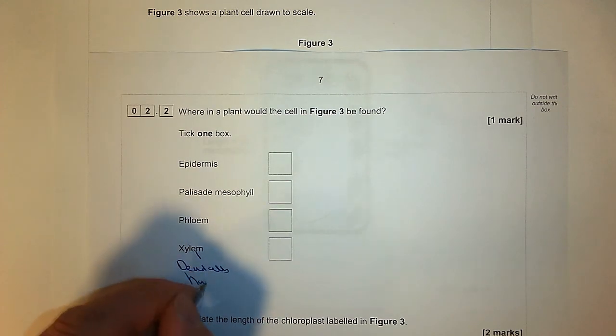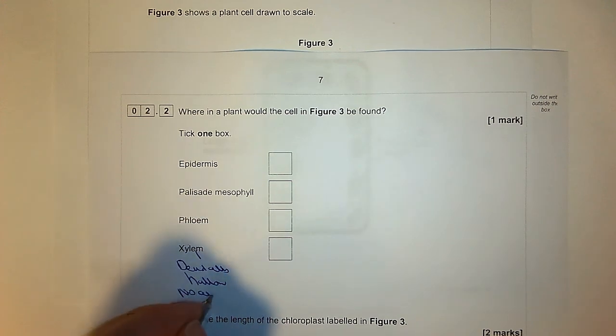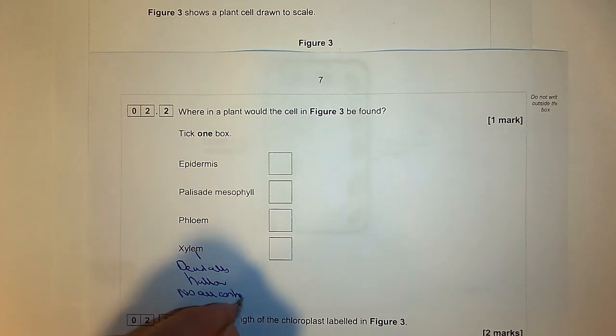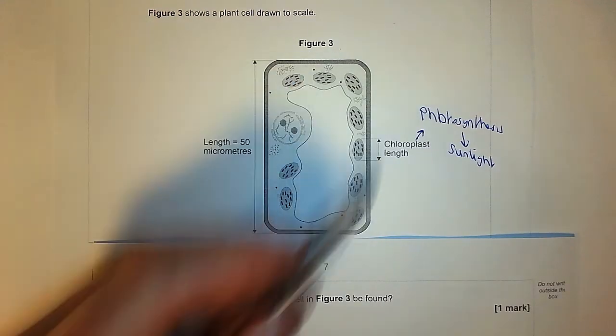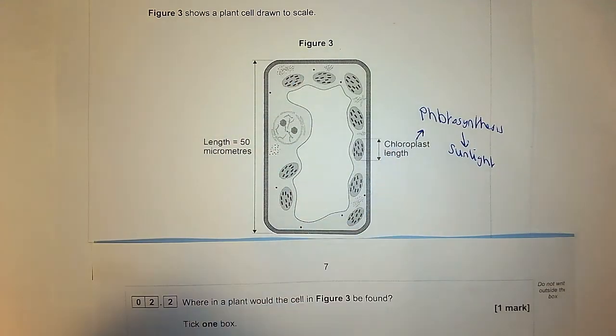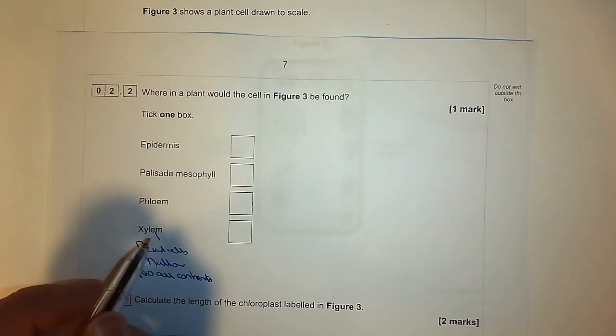They're hollow and they have no cell contents. Now we've clearly said that our cell has got cell contents, it's got chloroplasts. Alright, so we know it's not going to be xylem.